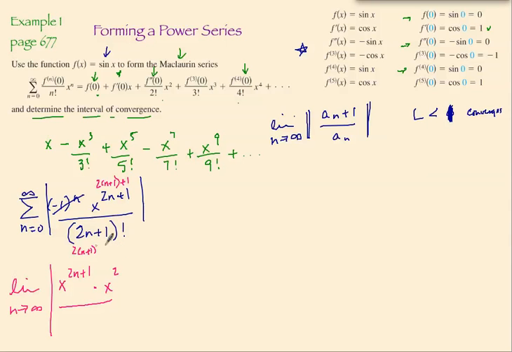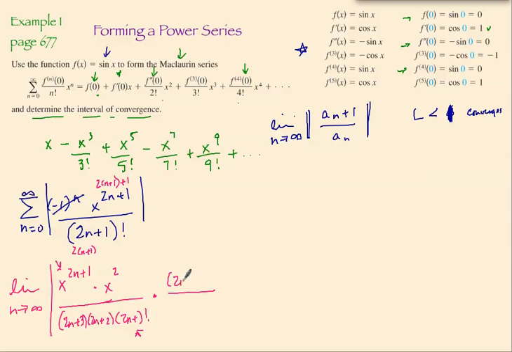Now same thing for the factorials. This is now 2n plus 3 factorial, but I'm going to write it as 2n plus 3, 2n plus 2, and then 2n plus 1 factorial. Why am I doing that? Because I want this guy and this guy to cancel as I now multiply the reciprocal of the original a sub n term.